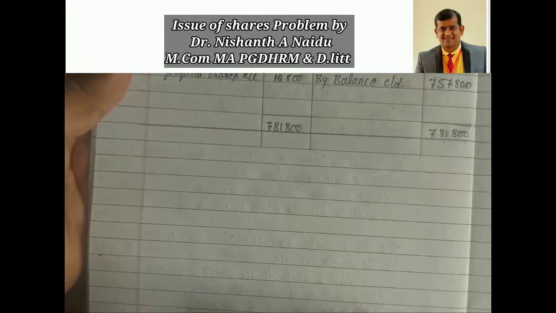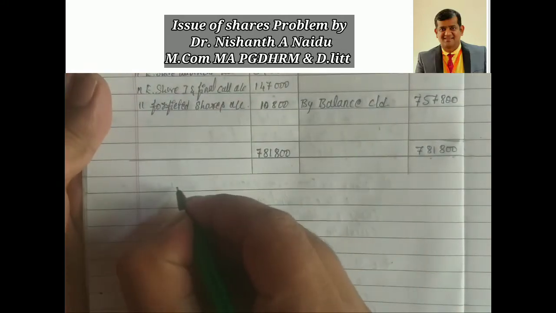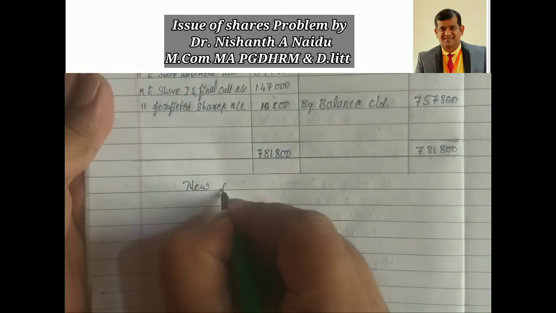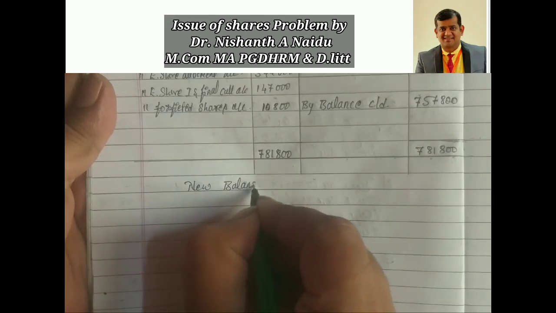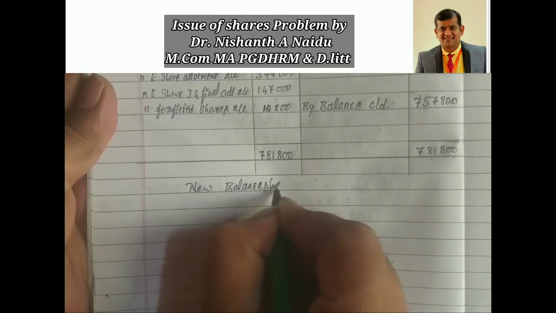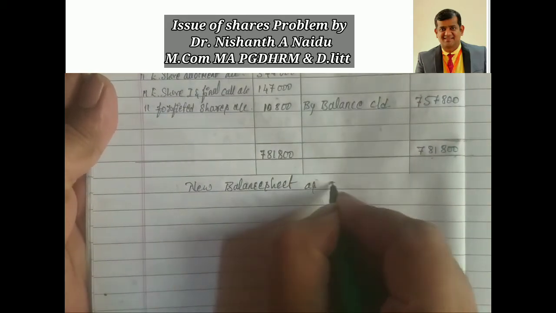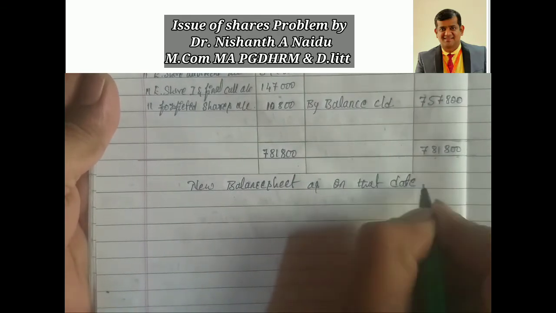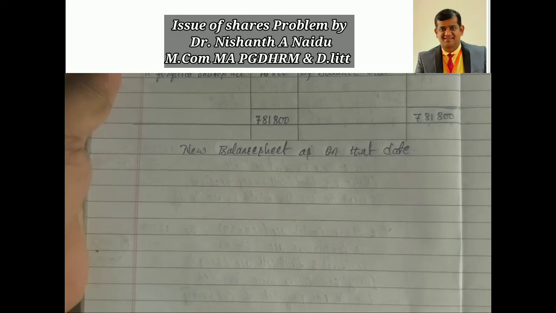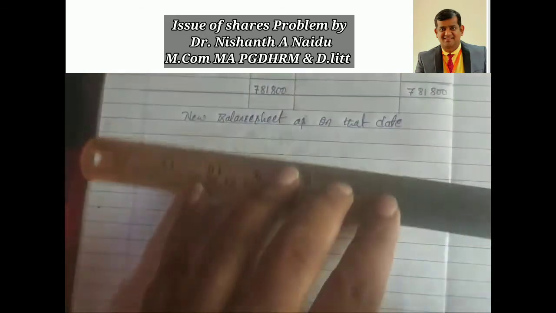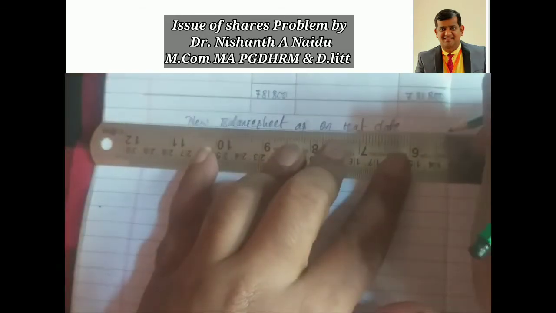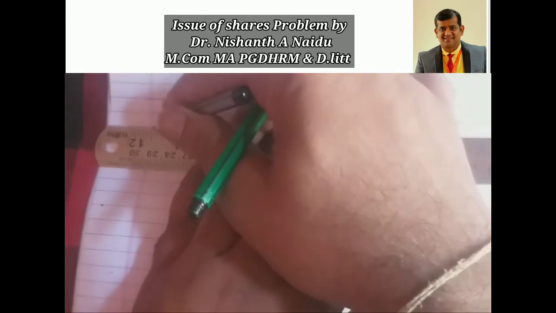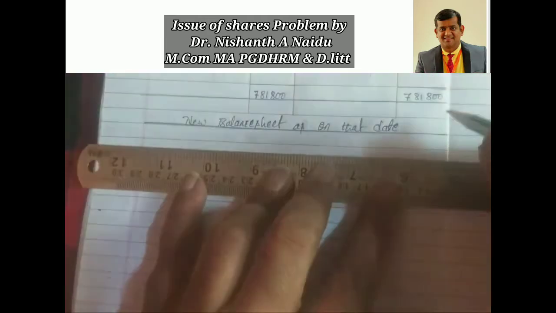So now I'm going to prepare a new balance sheet as on that date. So open the balance sheet now. In the balance sheet, obviously we will have two sides.